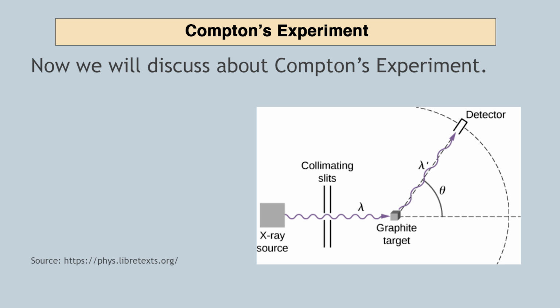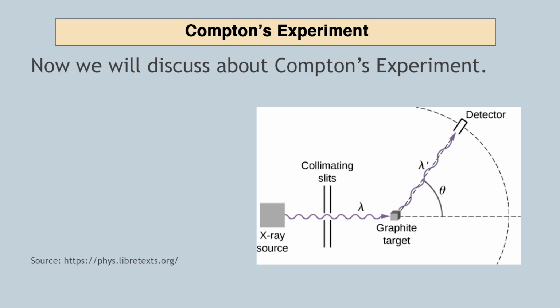In this experiment, we know the intensity and wavelength lambda naught of the incoming X-ray. Now, by measuring the scattering angle theta, we can calculate the intensity and wavelength lambda dash of the scattered X-ray. Typical results of these measurements are shown in the figure, where the x-axis is the wavelength of scattered X-rays, and the y-axis is the intensity of the scattered X-rays measured at different scattering angles theta indicated on the graphs.